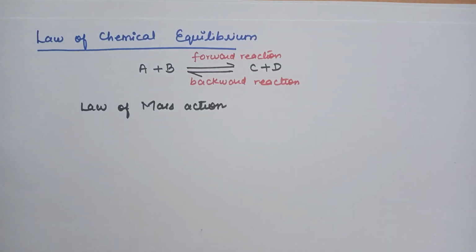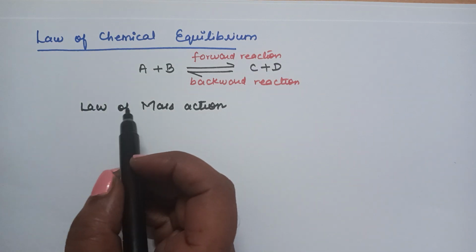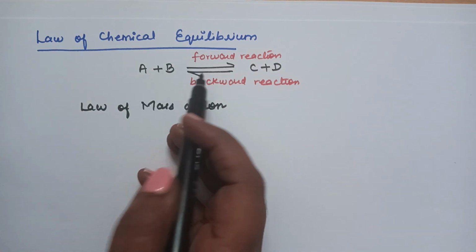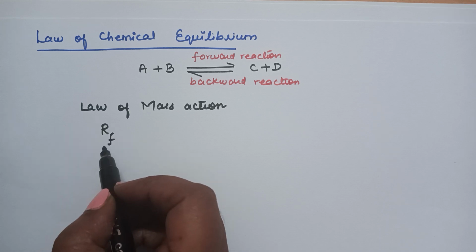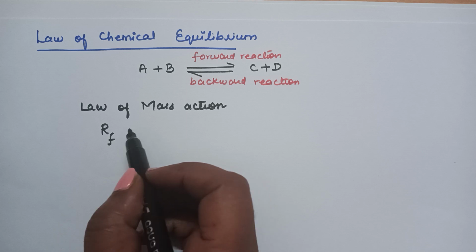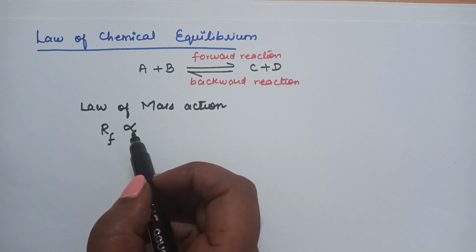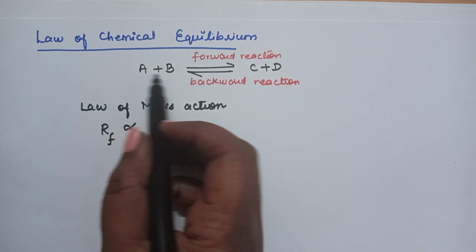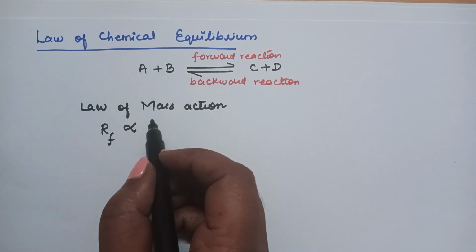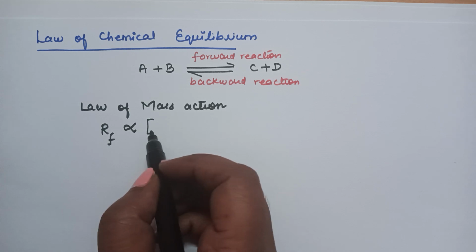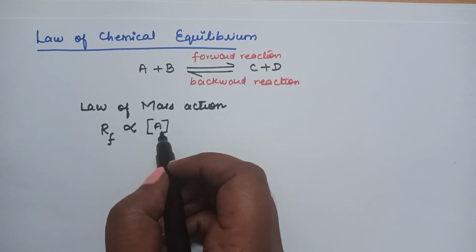We will write the rate for the forward reaction, R. The rate of the forward reaction is proportional to the product of active masses of the reactants. Here the reactants are A and B. So active masses, students, we write in square brackets, A, B.